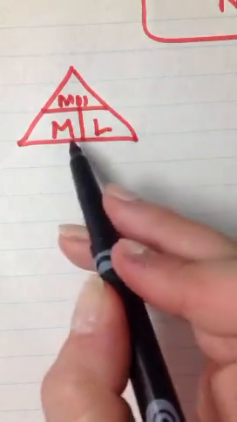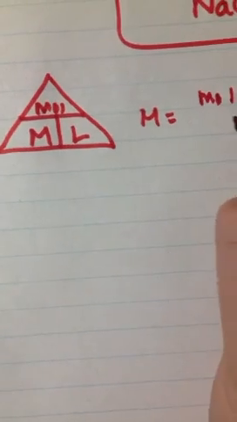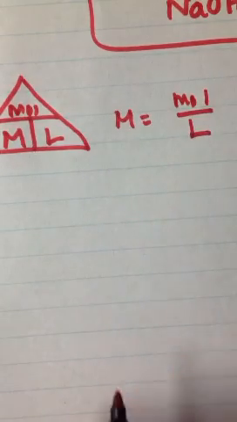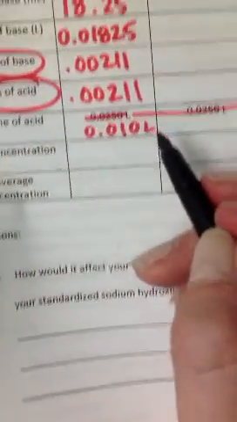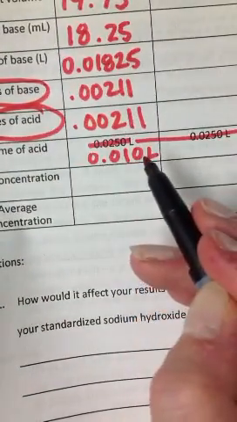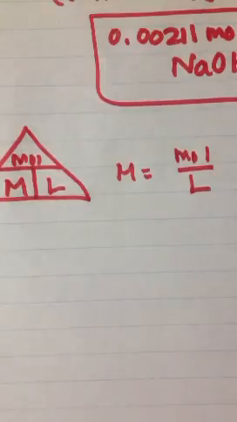So let's go back to our calculations. We know, based on our molarity triangle, that molarity, or concentration, M, equals moles over liters. Well, if I look back on my chart, I have moles of acid and I have liters, so I'm just going to plug those numbers in.